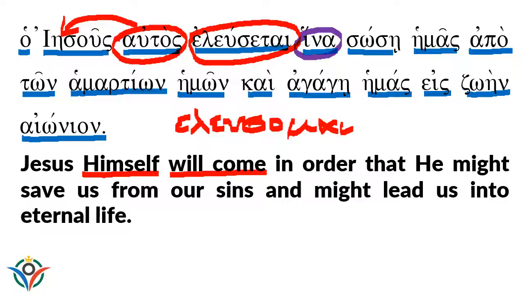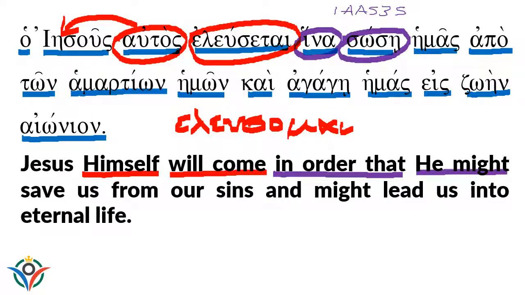So we translate hina here as in order that, and then we have the subjunctive verb sose. And sose comes from sozo, and this here is a first aorist active subjunctive third person singular verb, and we translate it here as he might save. All right, so the emphasis here is on the helping word might to show the subjunctive mood.